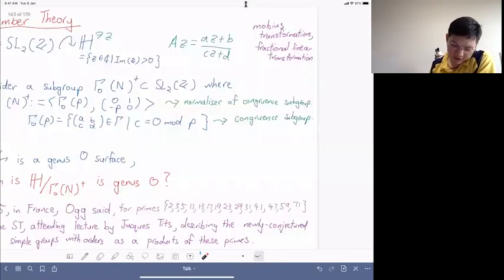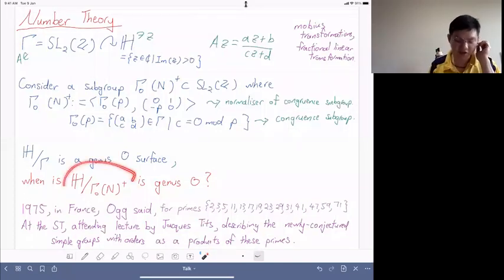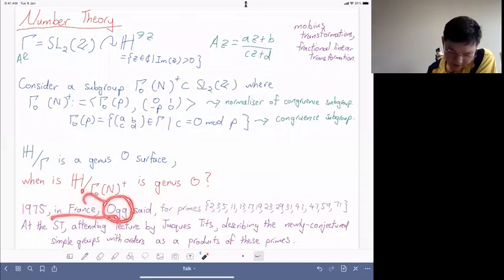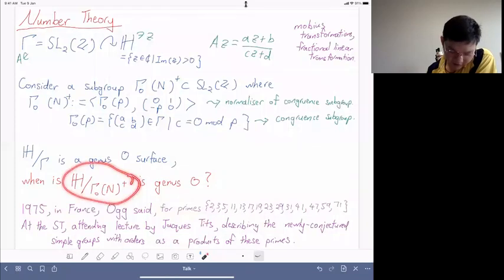Since genus 0 is very important, when is this group genus 0? In 1975, Ogg in France said that he proved that only for this kind of prime you can get this surface to be genus 0.